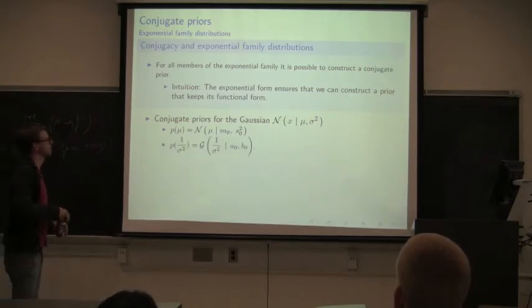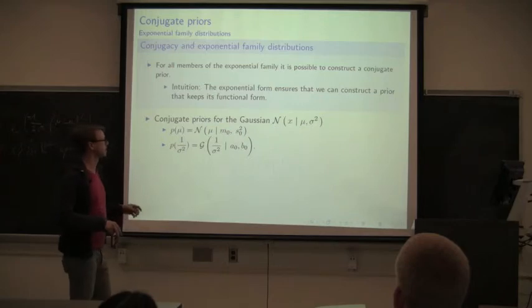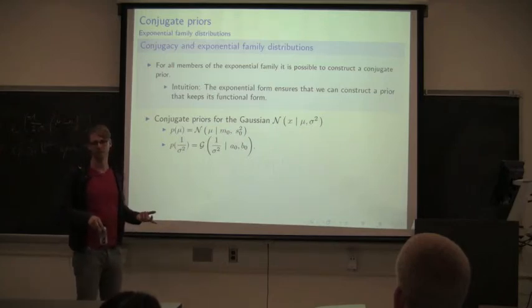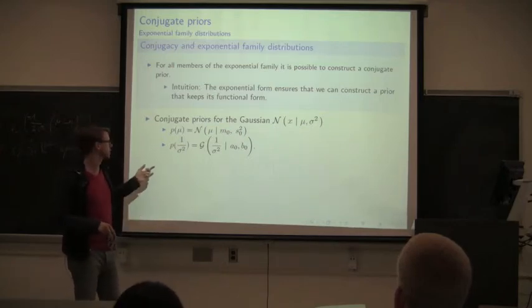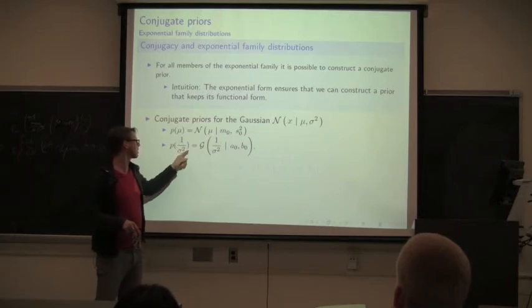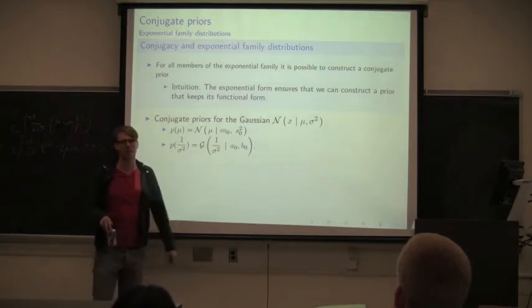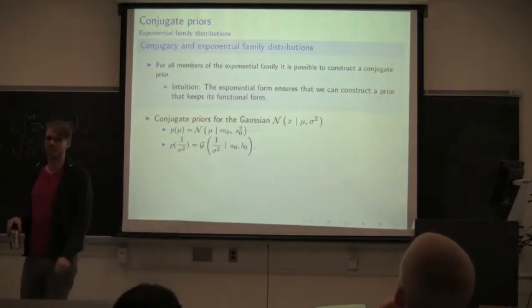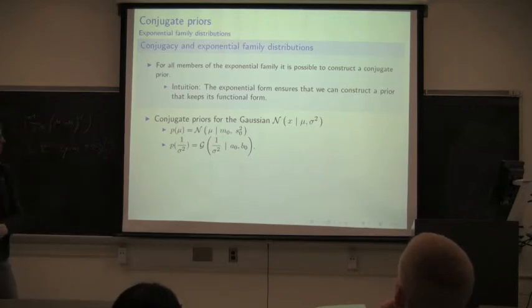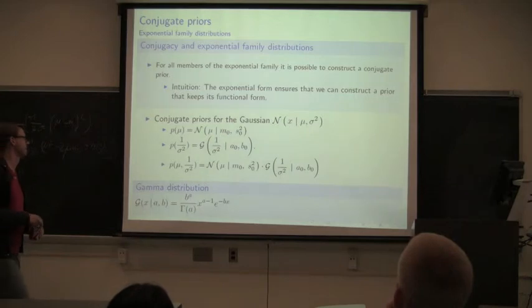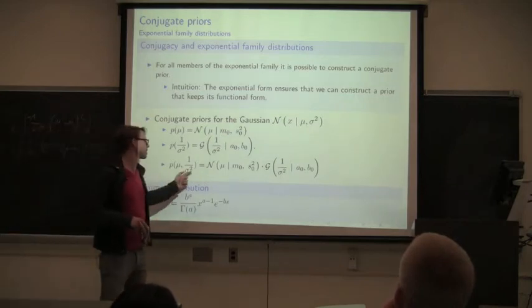The conjugate prior for the variance is actually a prior on the precision, not on the variance. So it's the precision, 1 over the variance, is distributed as a gamma distribution. We've seen the gamma distribution before.